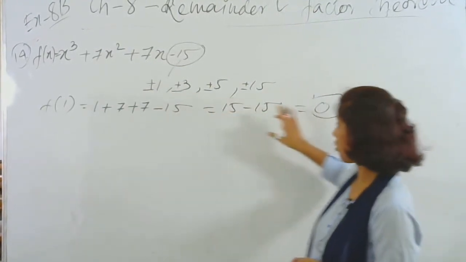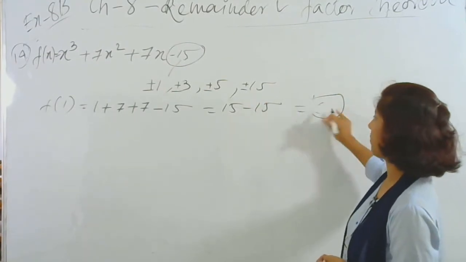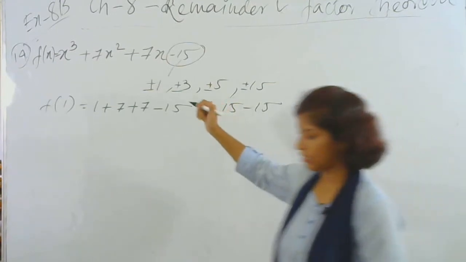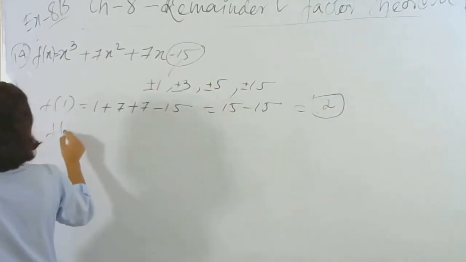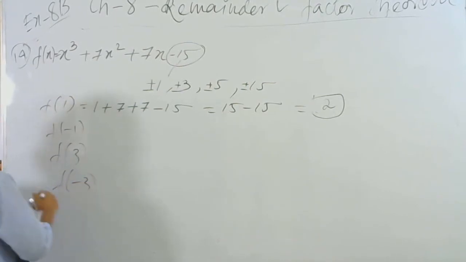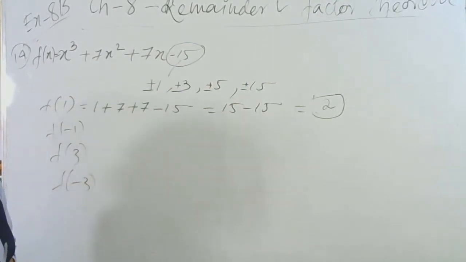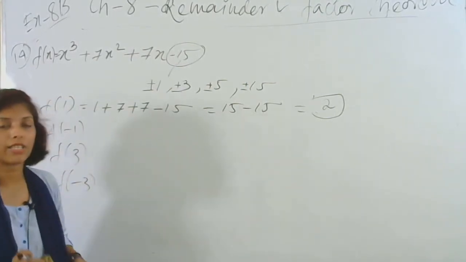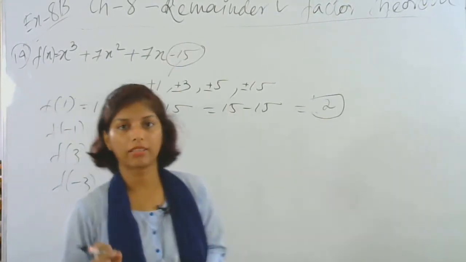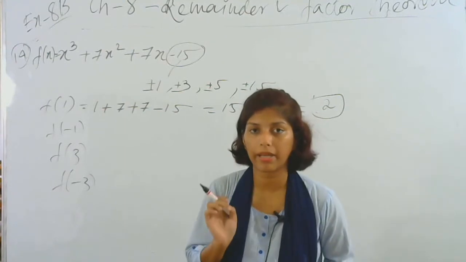If it was not 0, if it was some other number, for example 2, then I would have to go to the next number, that is f of minus 1, or I would have tried f of 3, or then f of minus 3, until I get the remainder 0. And why is the remainder 0 necessary? Because, remember I said, only in the factor case does the remainder become 0.